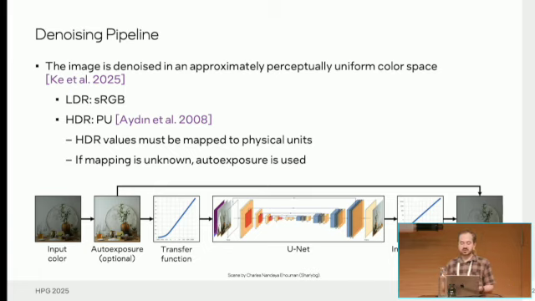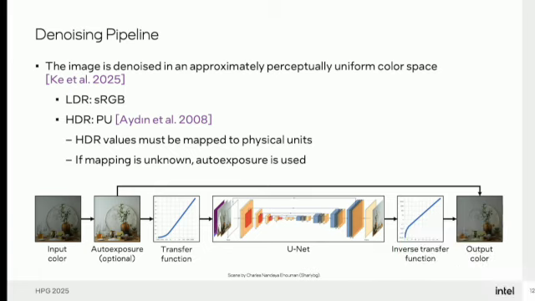But denoising isn't just applying a U-Net to the input buffers. It's a bit more than that. To get the best image quality, the image is filtered in an approximately perceptually uniform color space. If the image has low dynamic range, it's fairly simple. We just apply the sRGB transfer function. But for HDR images, we need something better. And we opted for an encoding called PU, standing for perceptual uniform, which handles extremely high brightnesses as well.